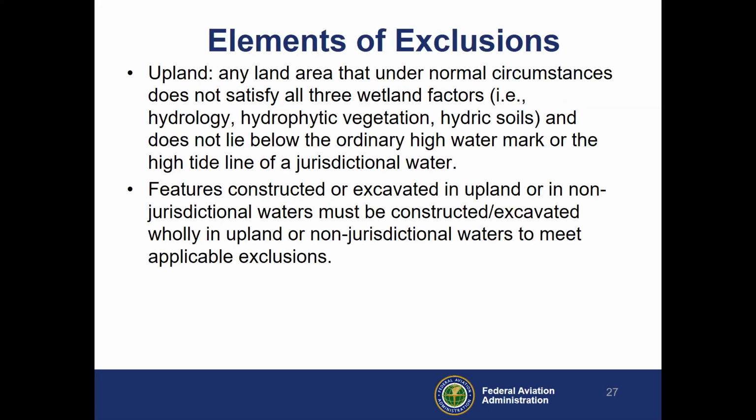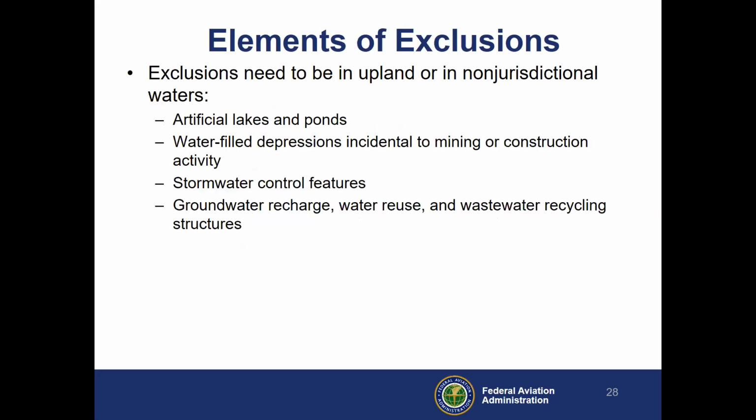Some elements of these exclusions, again, uplands: any land that under normal circumstances does not satisfy the hydrology, vegetation, and soils requirements, and does not lie below the ordinary high water mark or the high tide. And then also features constructed or excavated in uplands, again, are non-jurisdictional waters; they must be constructed or excavated wholly in uplands or non-jurisdictional waters to meet these exclusions.